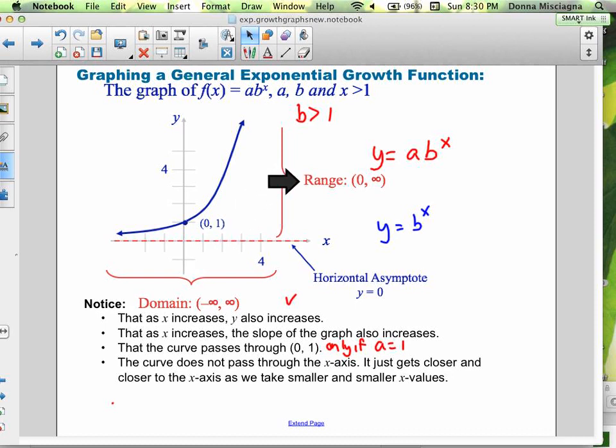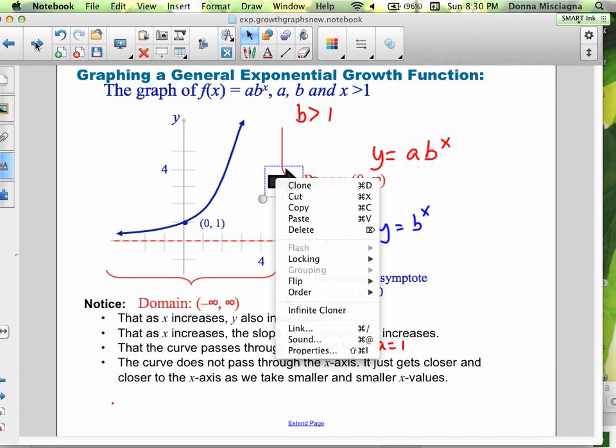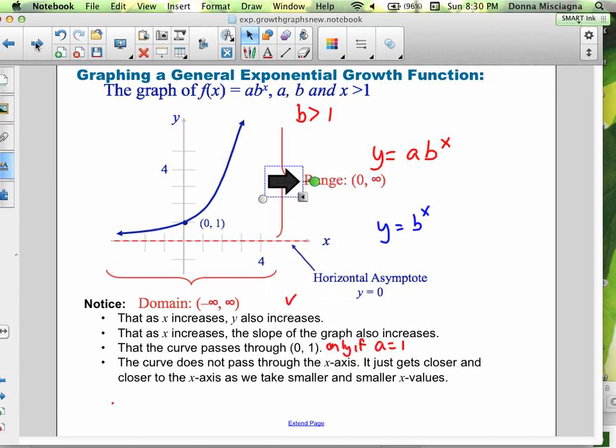The range is going to be 0 to infinity for our exponential growth equations and our exponential decay. We're going to have a range of 0 to infinity. The reason is we're raising a number to a power. We're only going to get positive numbers, right? We're raising a positive number to a power. We can only get positive numbers. That's why our range is 0 to infinity.